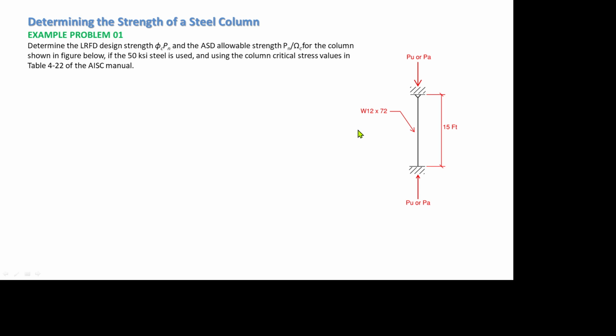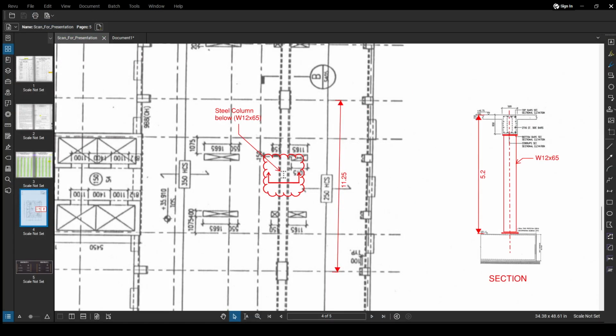Now, before we proceed to the solution, I would like to share with you how this kind of column condition is applied in actual design or on site. We have a similar condition from our previous project, so let me share it with you very quickly.